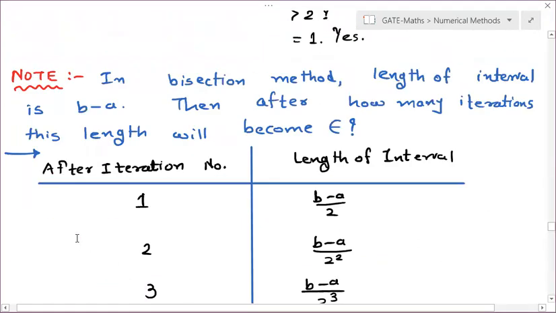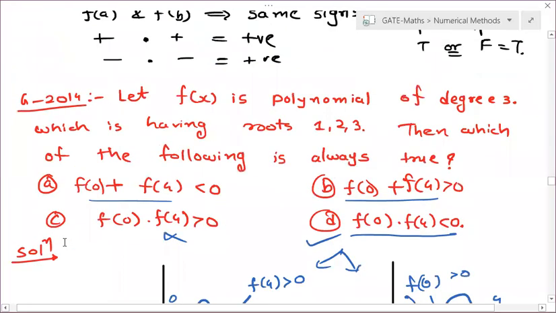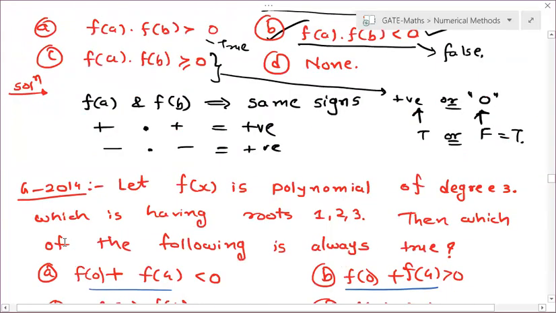Now we are going to compare all these methods, and based on this comparison you can expect questions in the exam. After that I will give you 4 different statements, and from those 4 different statements I will show you one question.